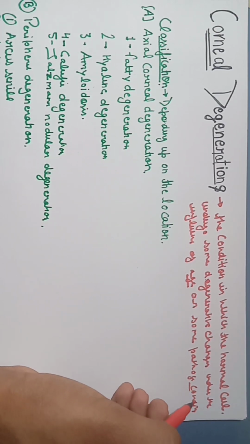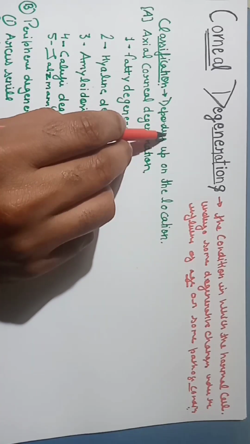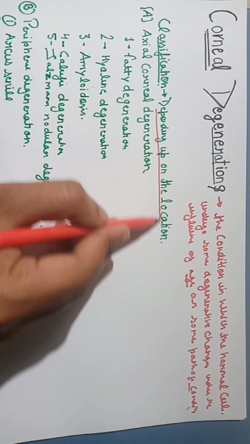Okay. So corneal degeneration is generally classified depending upon the location.